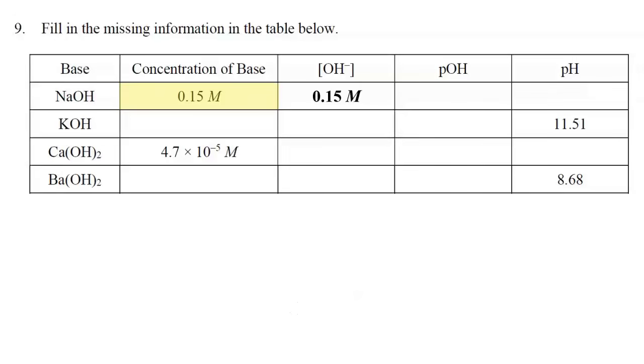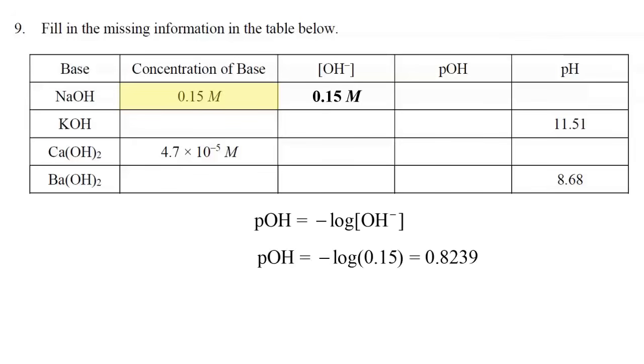Now to get the pOH value, we take the negative log of the hydroxide concentration. So the negative log of 0.15 works out to be 0.8239. And since 0.15 has 2 significant digits, I will round off my pOH value to 0.82.